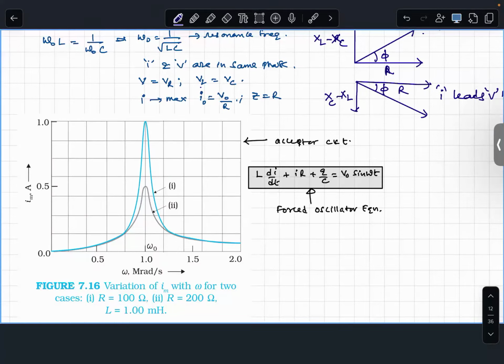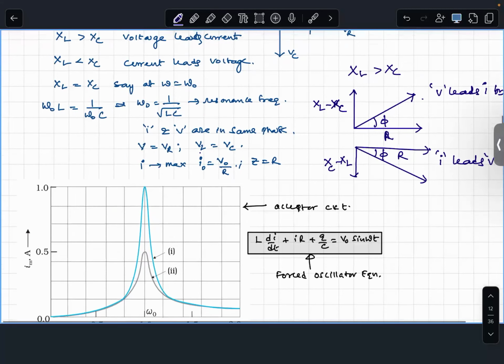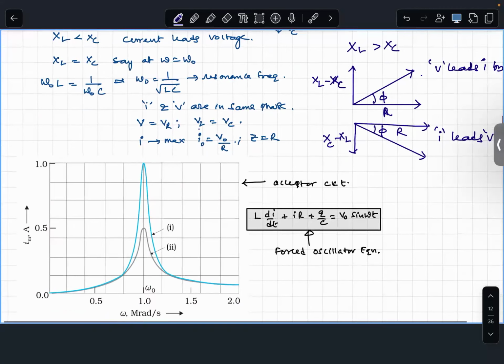Same thing you observed in damped oscillations. Not damped oscillations, actually forced oscillations. When we studied SHM second degree, we have studied this. Now, what is this equation at an instant? Is this not the equation of LCR circuit?